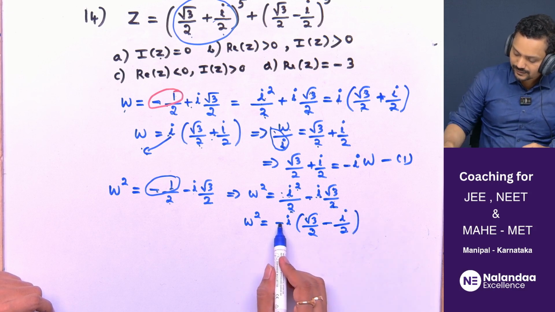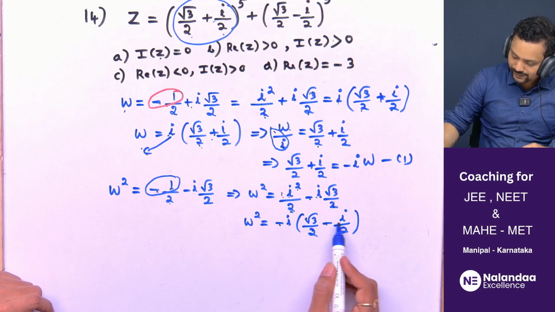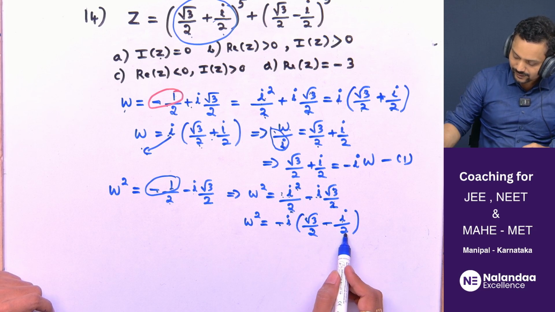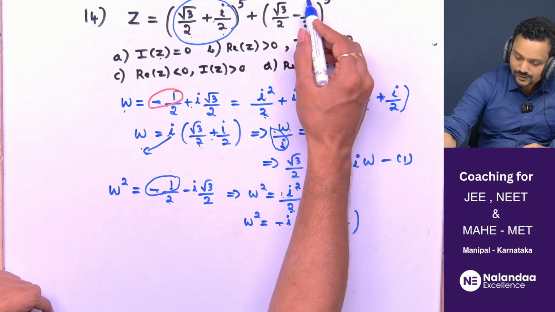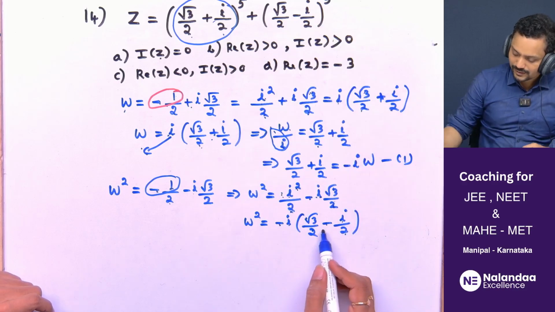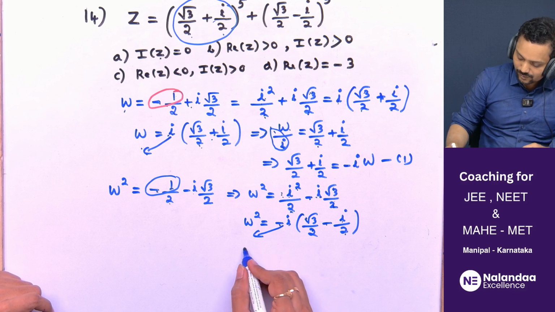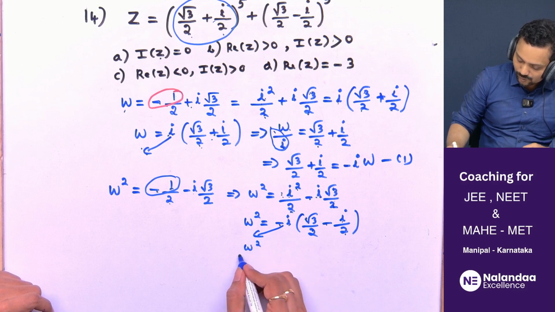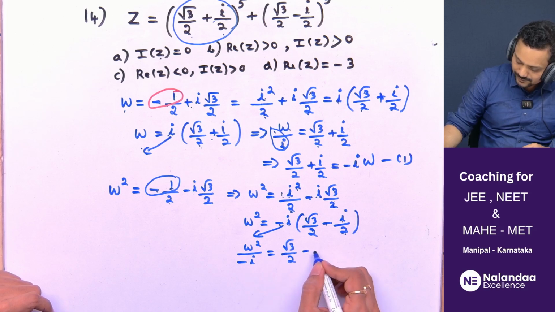See, I'll just make a verification. Minus into minus is plus, i into i is i square and 2. So it will become like this, and I am actually getting this term now, root 3 by 2 minus i by 2. Now this minus i, if I cross multiply, I will get omega square by minus i is equal to root 3 by 2 minus i by 2.